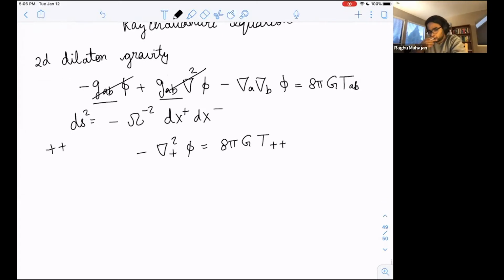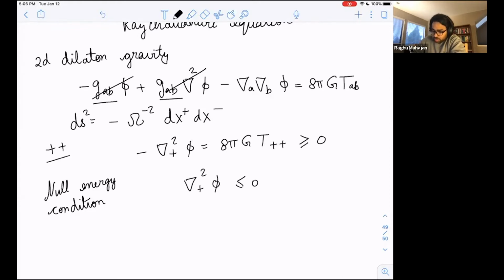Now, if this is just some classical field theory, we know that almost all reasonable matter satisfies the null energy condition. And the null energy condition says that T_plus-plus is positive. So what we learn from this is that grad_plus squared of phi is negative.